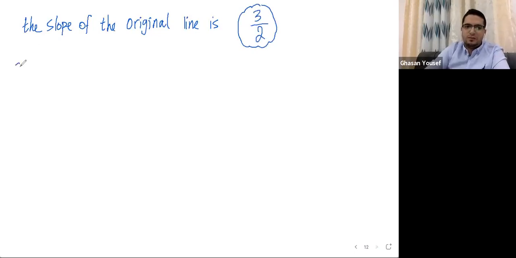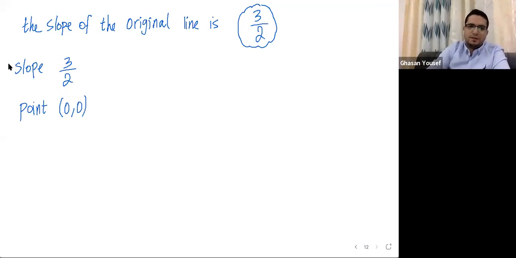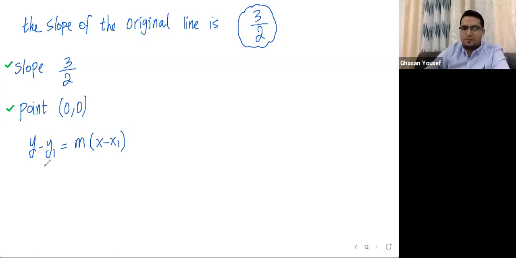Now I have the slope and I have the point 0, 0. I have two things, slope and point. Now what's the equation of the line? y minus y1 equals slope times x minus x1.